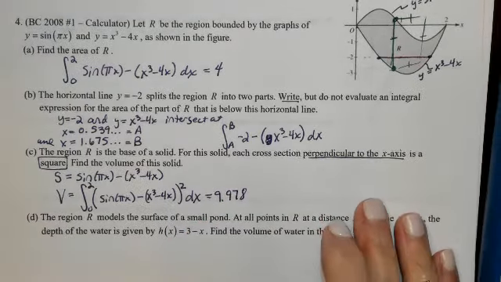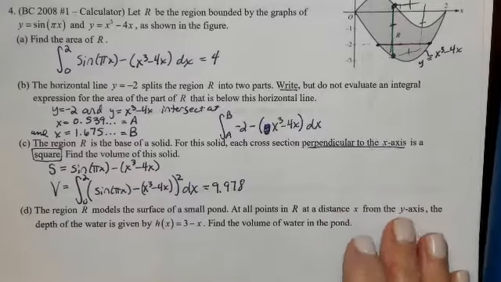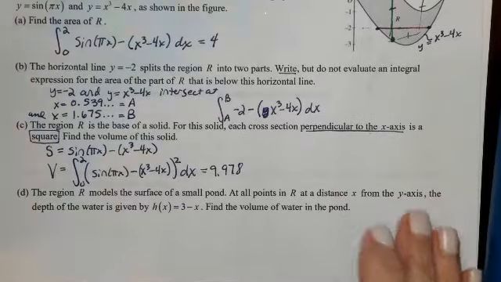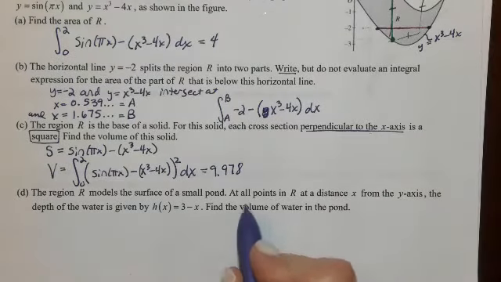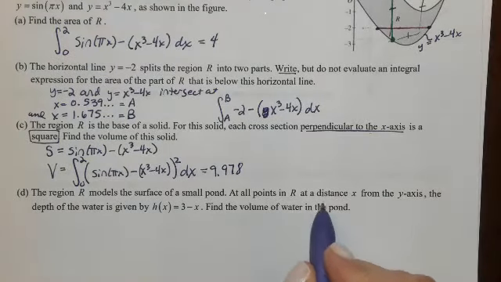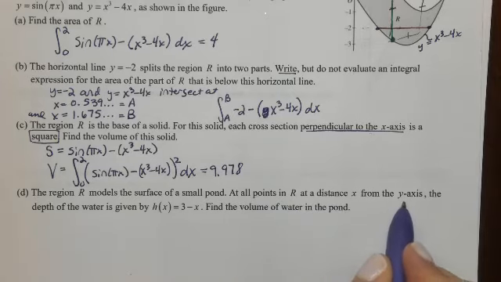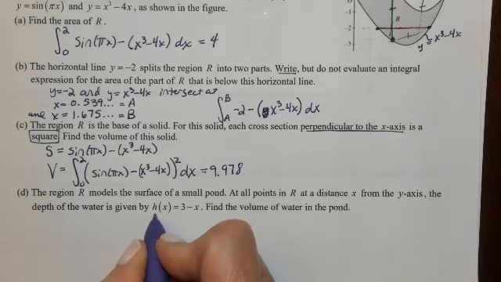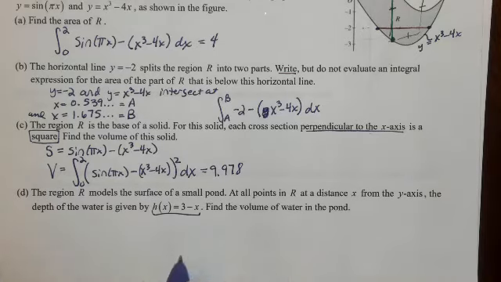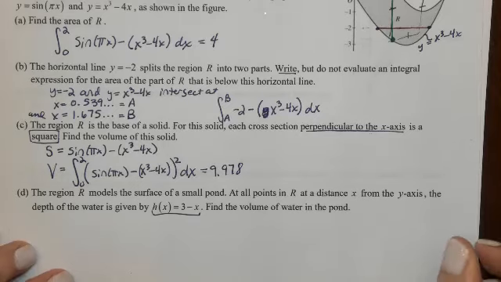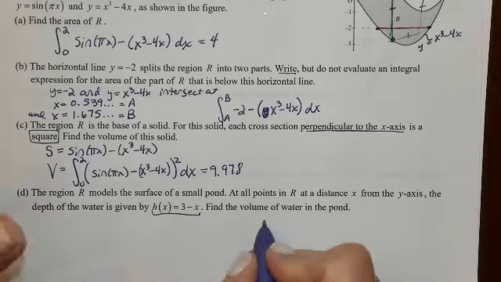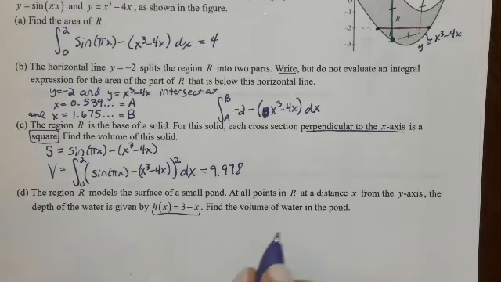All right, next up, it says the region R models the surface of a small pond. At all points in R, at a distance x from the y-axis, the depth of the water is given by this. So this is the depth of the water. Find the volume of water in this pond. Okay? Find the volume of water. Well, go back to your basic volume equation.